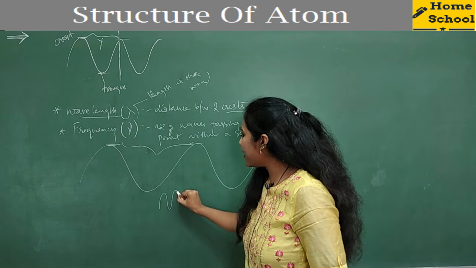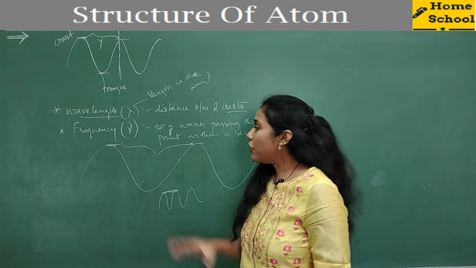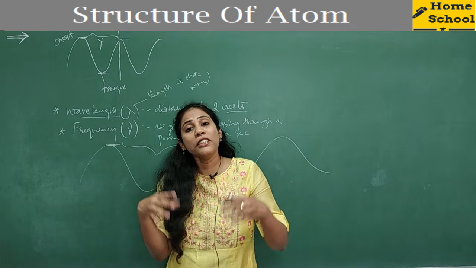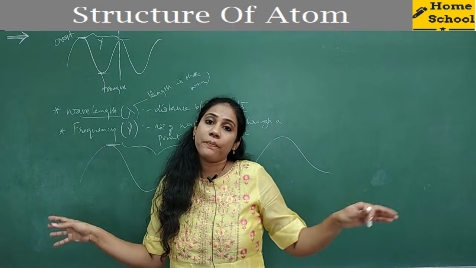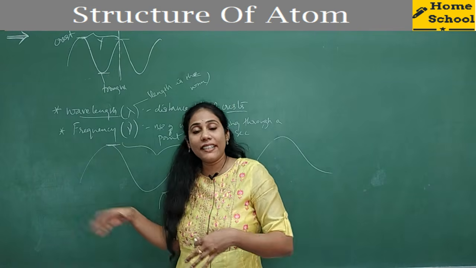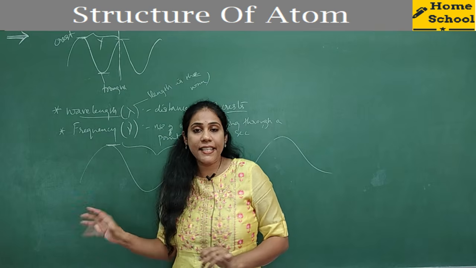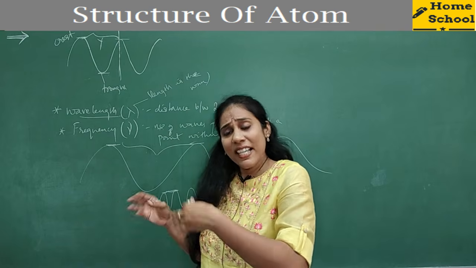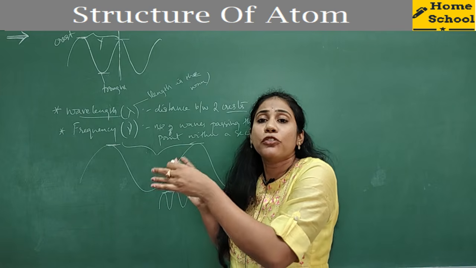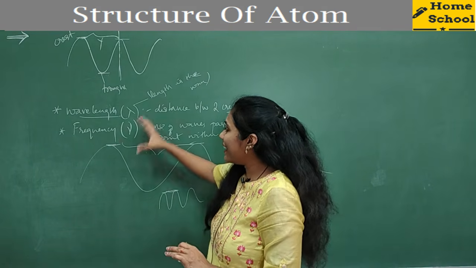But whereas in this wave, the distance between two crests is very little. So lambda tells you how big your wave is, how much the length of your wave is. And frequency is the number of waves passing a particular point within a second. So how are they related?